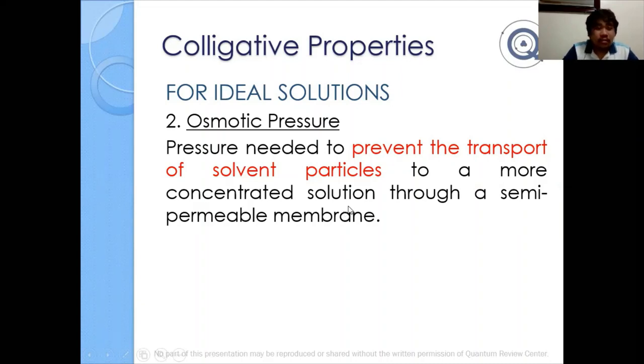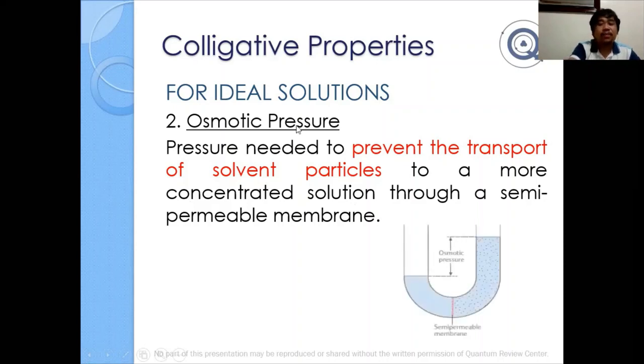Okay? Siguro some of you will say, sir, hindi po ba baliktad? Hindi, kasi ang nag-transport ay yung solvent. So, osmosis, the solvent particles ay papunta dun sa more concentrated para ma-even out. And the pressure to prevent that is the osmotic pressure.